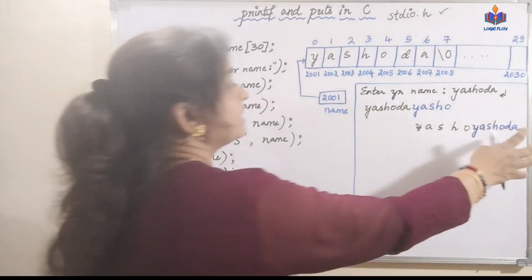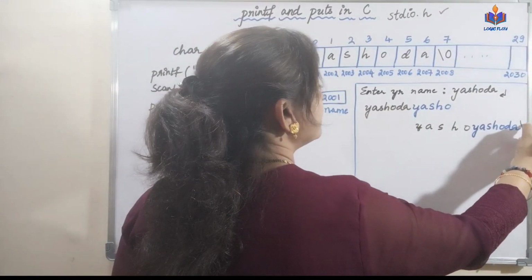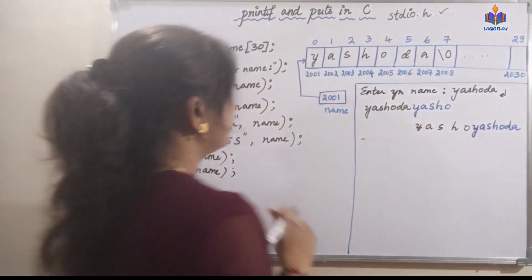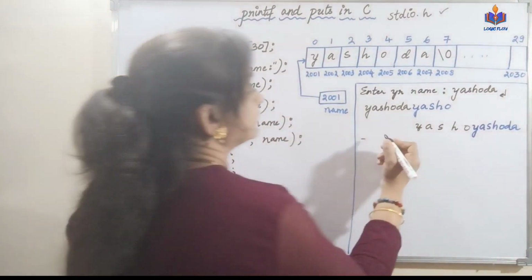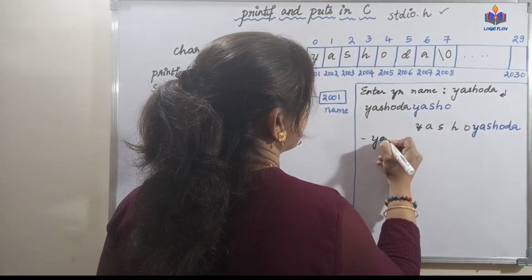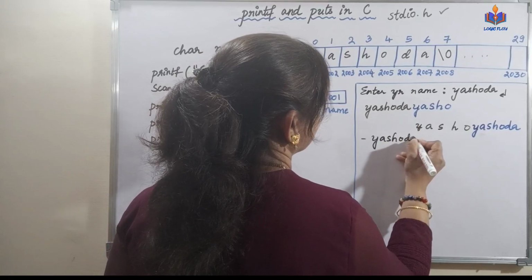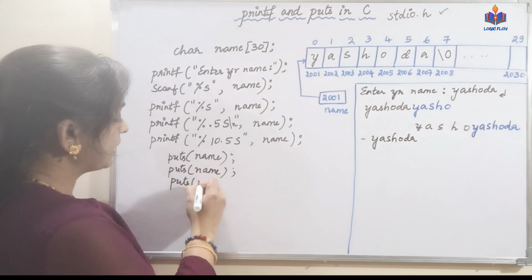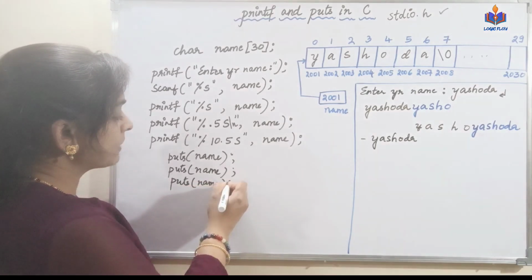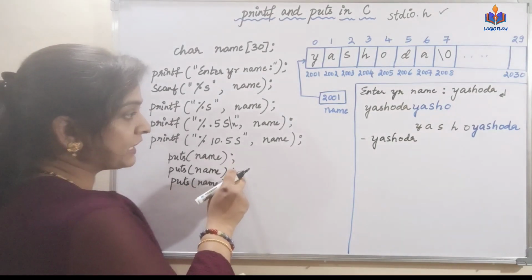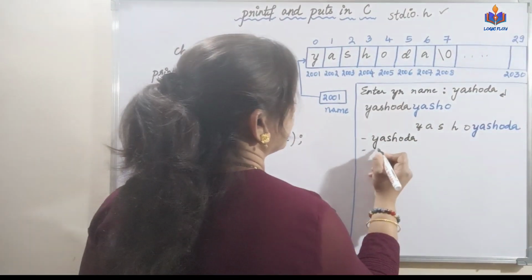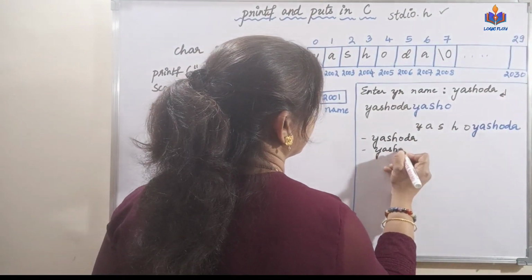See, after printing this name, a new line will be encountered and the cursor will be placed to next line here. Then puts name, then I'll get my name. Once again, if I say puts name, what happens? The new line will be taken automatically and the cursor after printing this comes to next line, then prints once again.